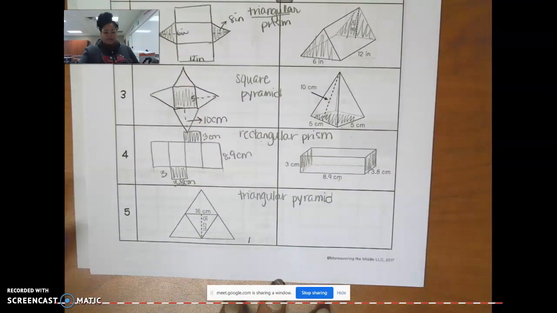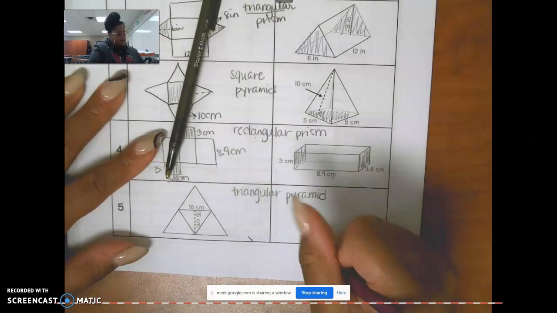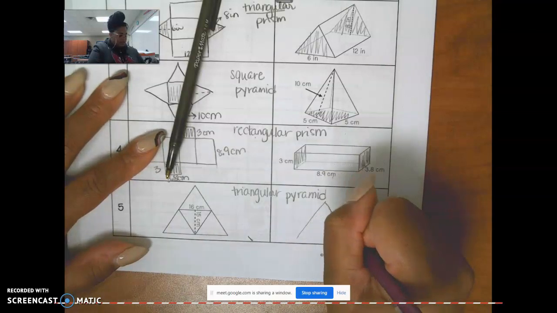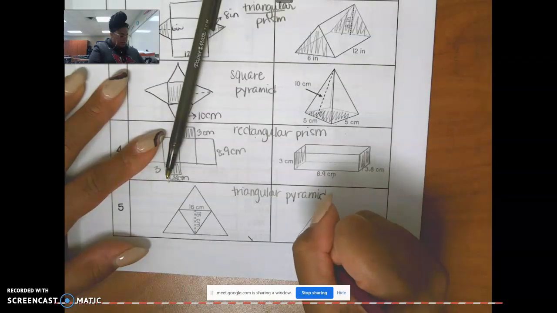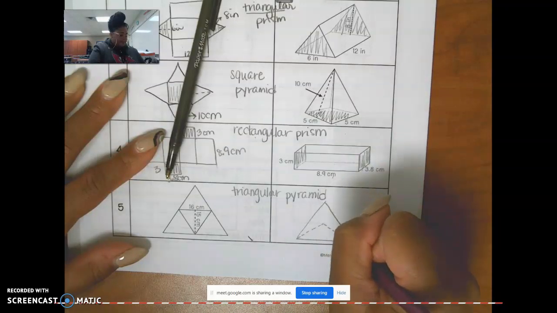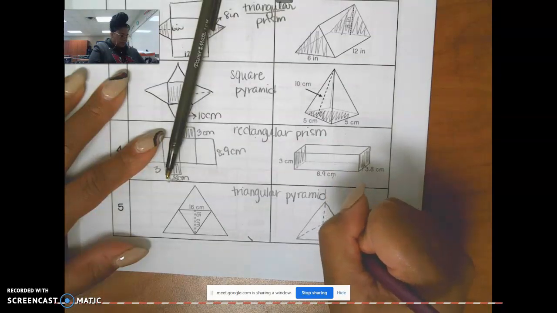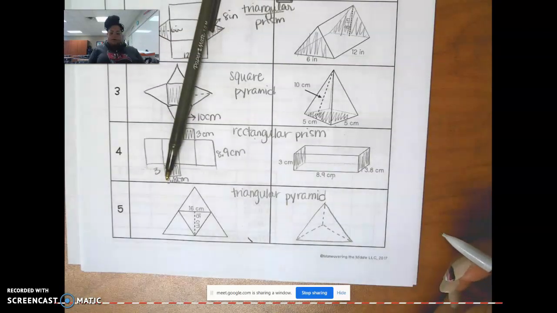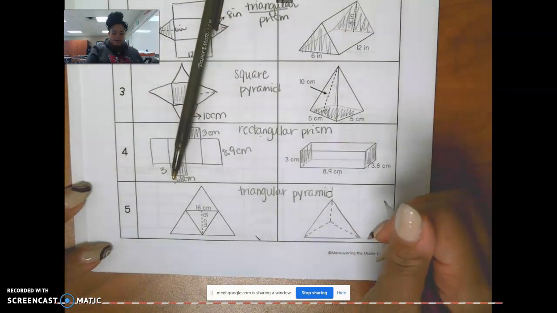This will also be covered in class, so if you miss something, you can pause, rewind, fast forward, whatever. Triangular prism. I've got to trace it. I think I need a big triangle. Okay, and then we need 16 centimeters by 15.